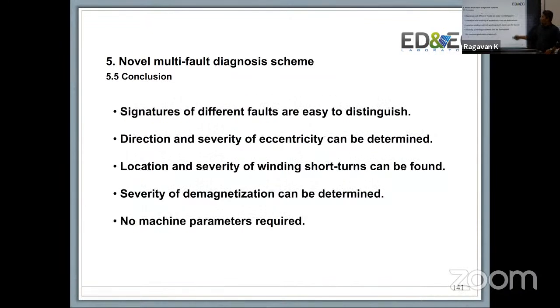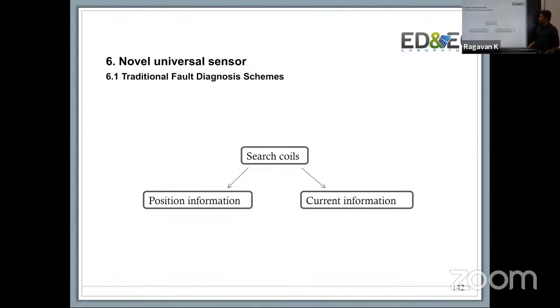So based on that, we identified the severity and the location without needing machine parameters. But what we realized was that when my motor is running and it's healthy, I am getting my phase current feedback, right?